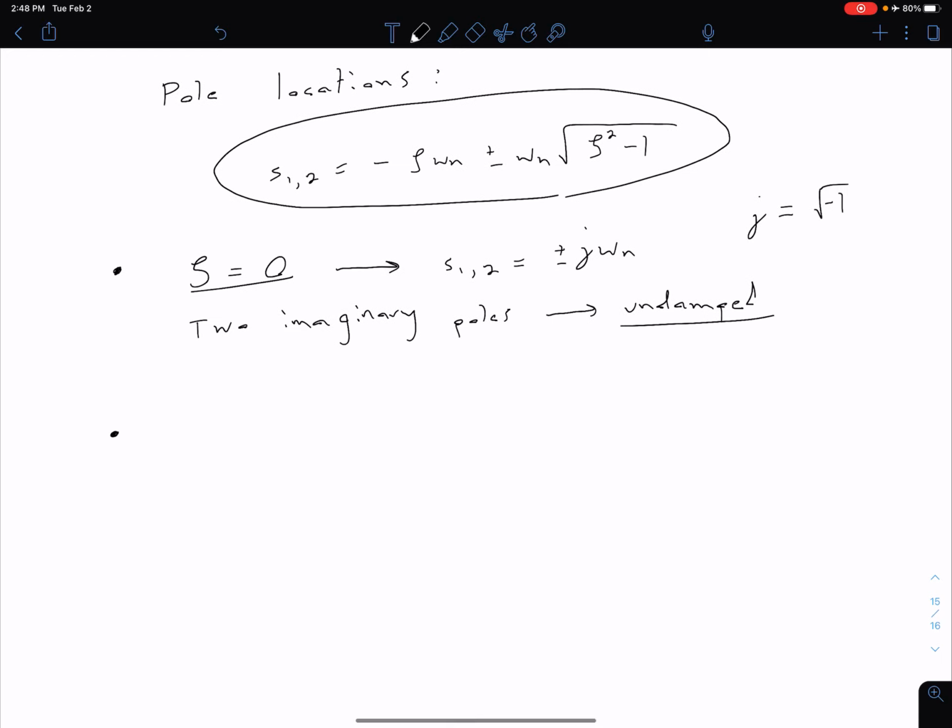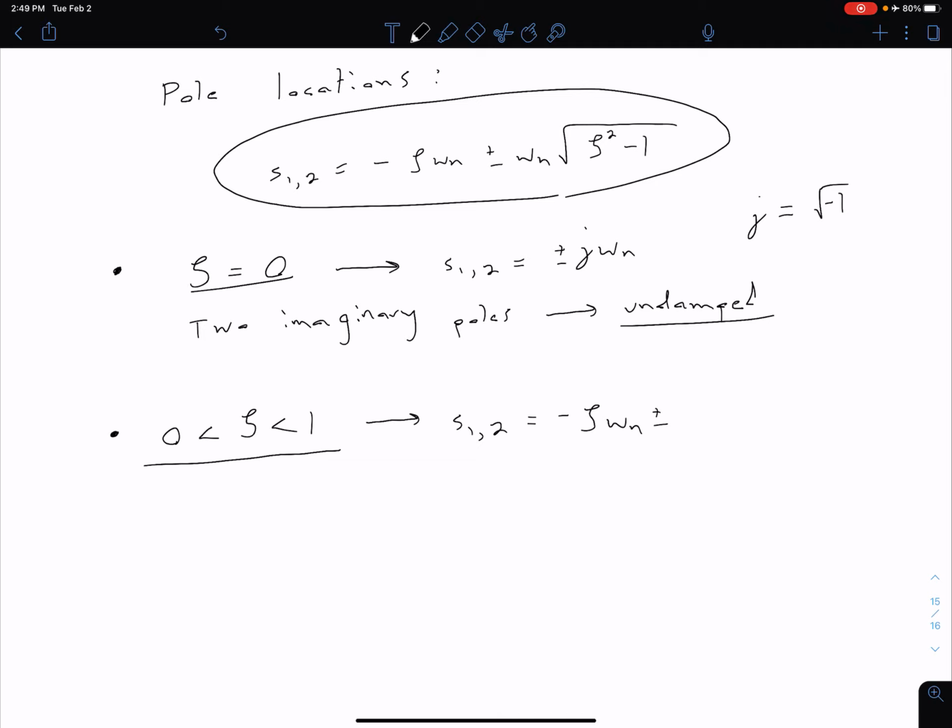Let's look at another range. Let's say zeta between 0 and 1. Why am I choosing 1? Well, first of all, I obviously know the material and where it's going, but even if I didn't, I could look at the argument of the determinant here and know what range of zeta is going to give us different types of poles. In this case, we're going to have a non-zero part for that first term, so we have negative zeta omega_n plus or minus. Now, zeta squared minus 1 is going to be a negative number.